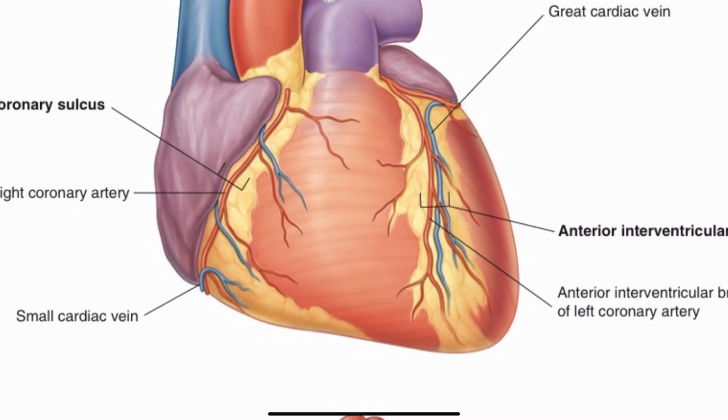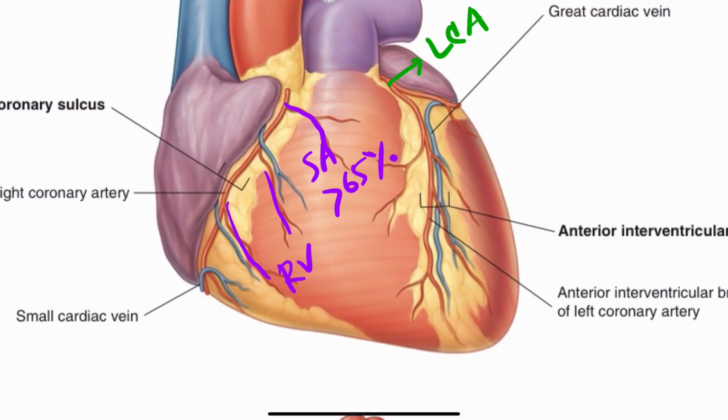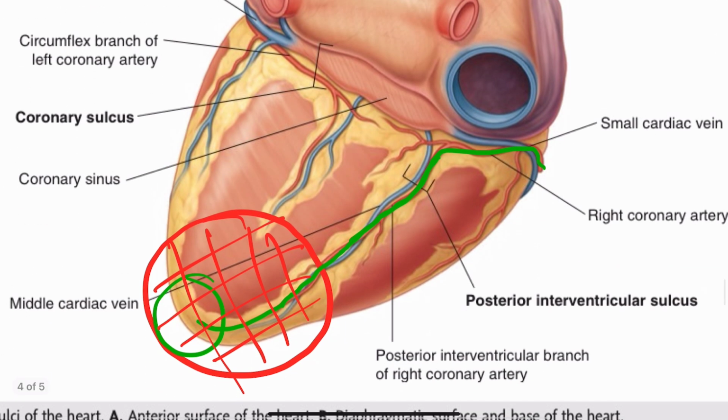Here is the marginal branch; this marginal branch supplies the right ventricle. Then it goes back, and there is a recurrent branch which supplies the AV node in more than 90% of cases. Then it goes to the posterior surface and produces the posterior interventricular branch, which supplies the posterior surface, and then ultimately the inferior surface.